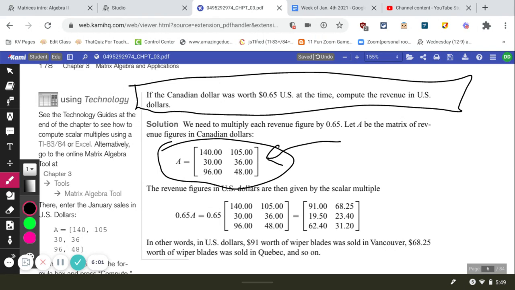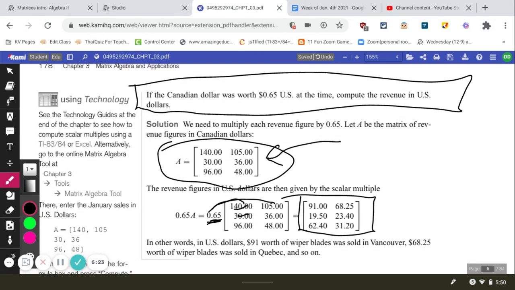But they're wanting us to find out how much that is in US dollars. So they're going to take each of these elements here and multiply it by 0.65. And when you distribute that into all those, this is what you get.